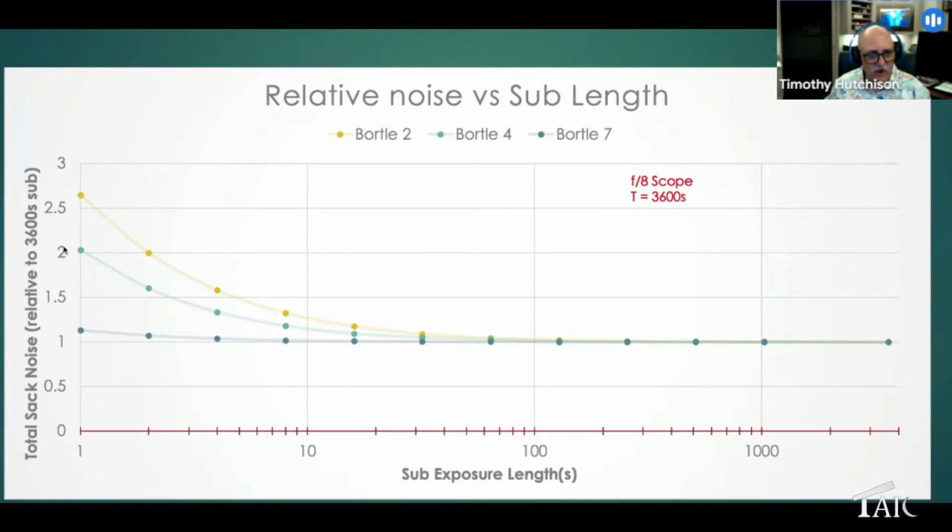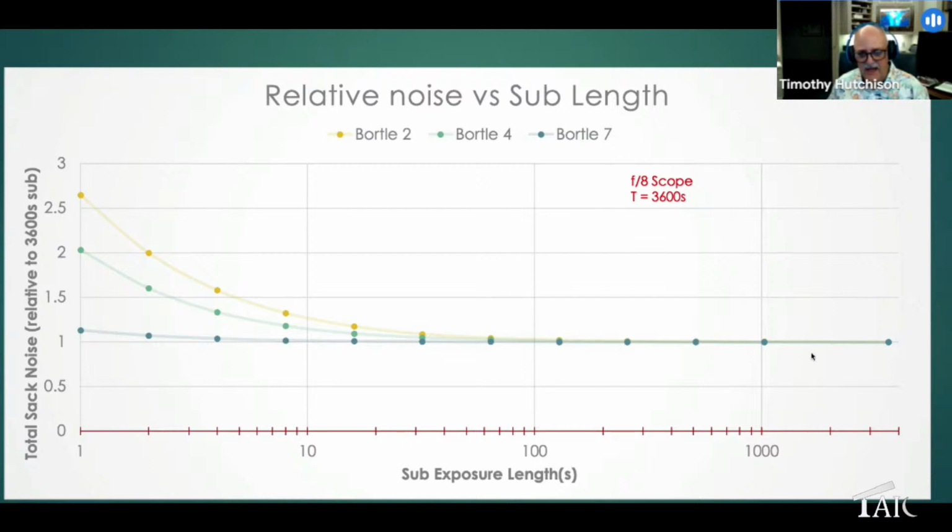Our Bortle 4 guy has to shoot until he gets out here around a little over 100, maybe 110. Our Bortle 2 guy has to go all the way out here to around 300 seconds before he's got to within a small percentage of what it ultimately will be.